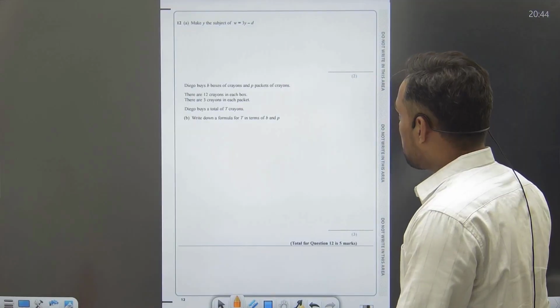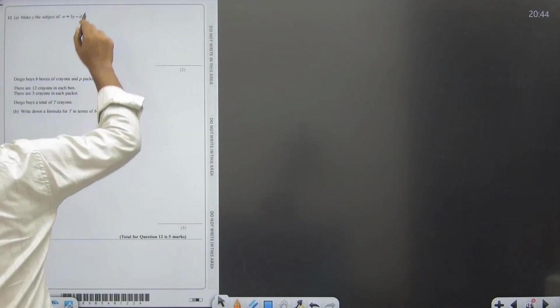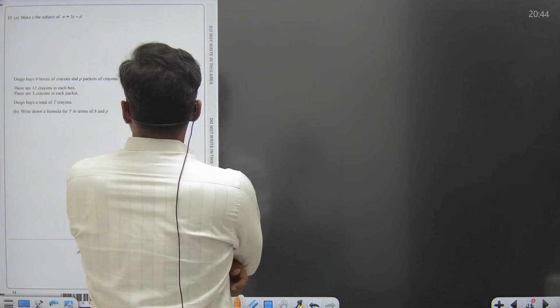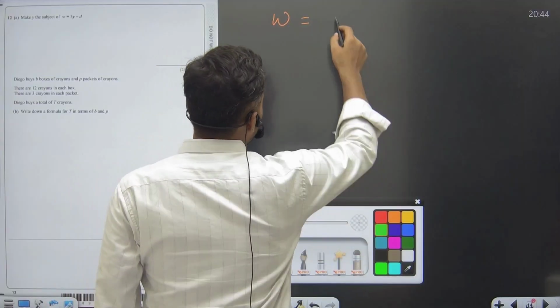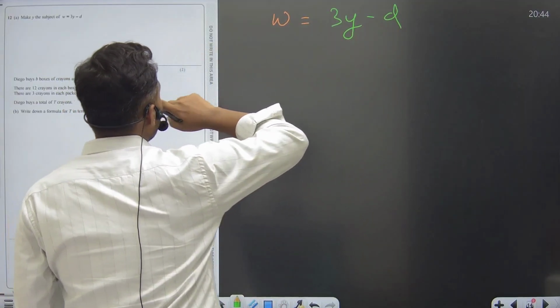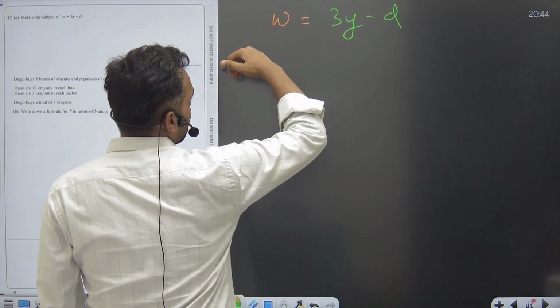Now let's move to the next question, that is to make y the subject of w equals 3y minus d. So w is equal to 3y minus d. To make y the subject, we transpose d to the left hand side.